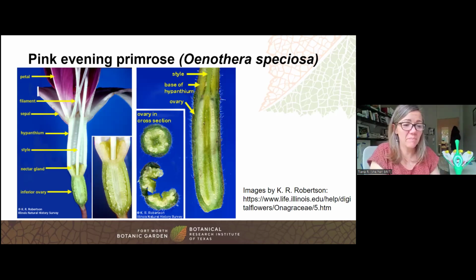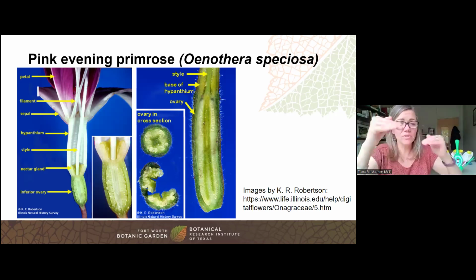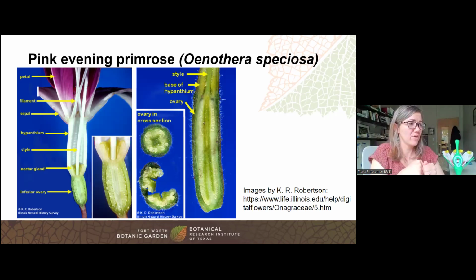At the base of the hypanthium, where you see the pistil popping up, you've got a nectar gland, right? So that's the reward the pollinators are coming in for. Underneath that, you can see the longitudinal section, and you can see all those little ovules attached to the placenta there. So that's the longitudinal section, which is the leftmost image that you're looking at.